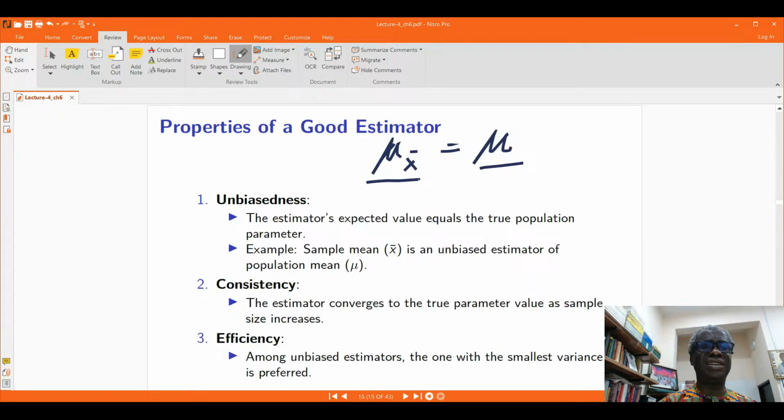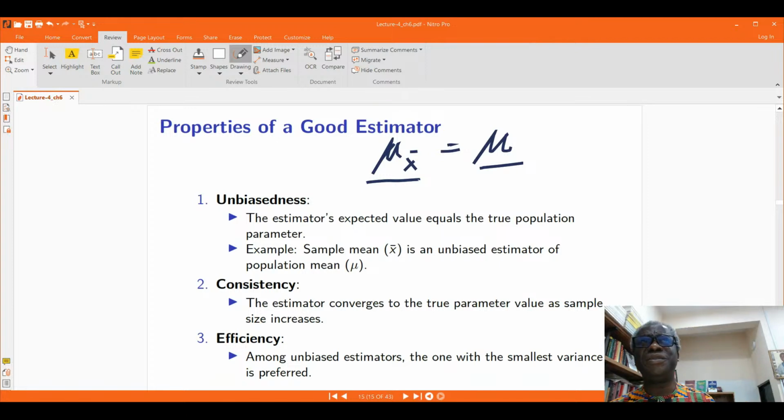Maybe you take a sample of 10 and you increase to 20, to 30 and so on. Consistency expects that your estimate gets closer to the unknown population parameter. If that happens, then you say that estimator is consistent.